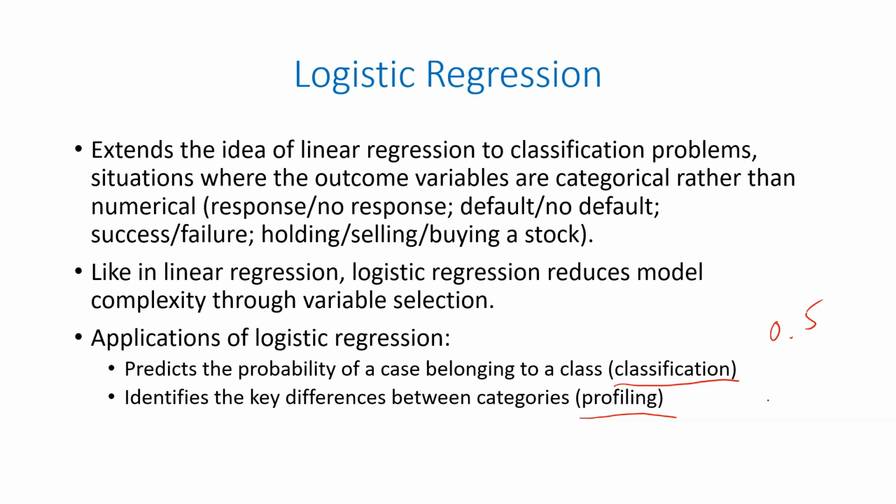For example, if the goal is to identify the key differences between companies in the tech industry and the companies in the financial industry, one can develop a logistic regression model that incorporates the various key metrics of companies and uses whether the company is a technology company or financial company as the target variable. The predictor variables included in the final model would be the differentiating factors that separate these two types of companies. So that's how logistic regression is used in profiling.